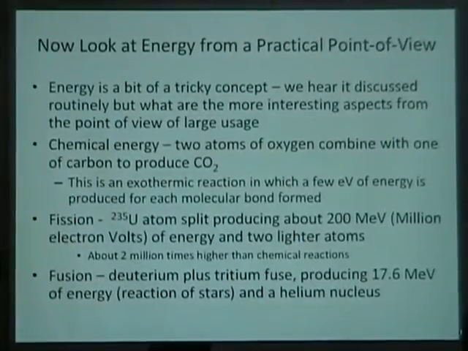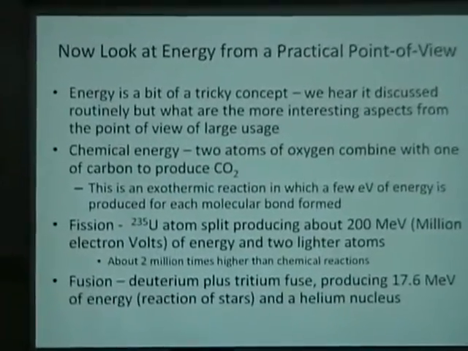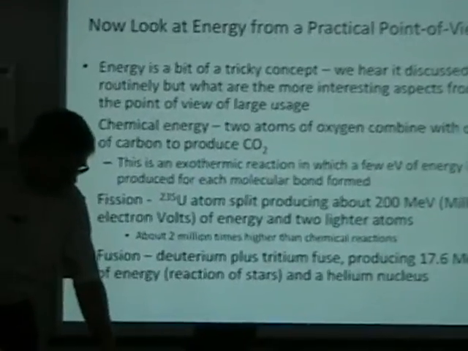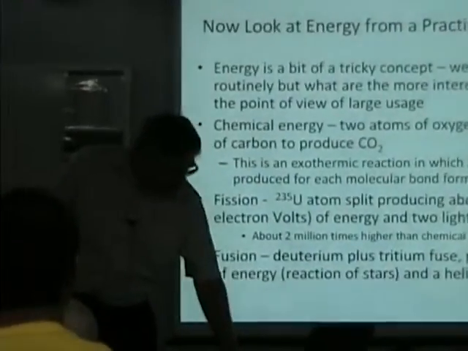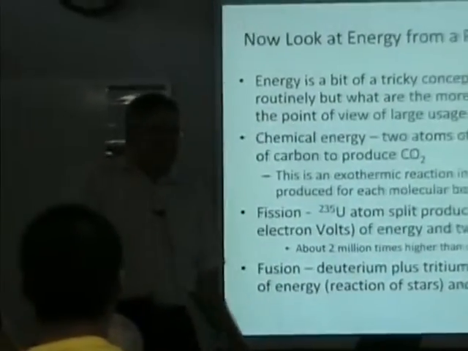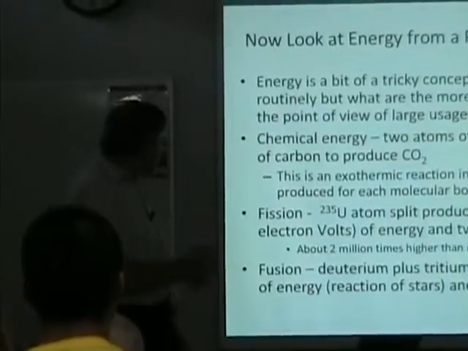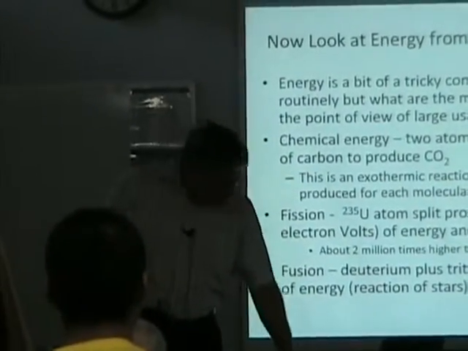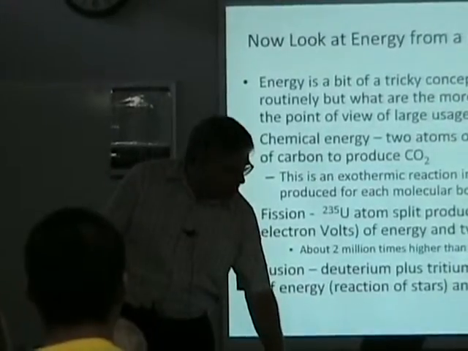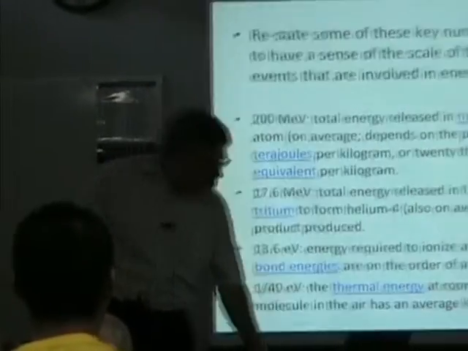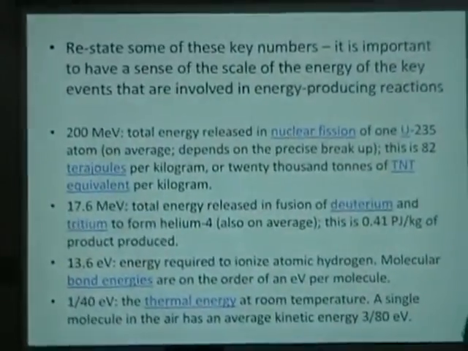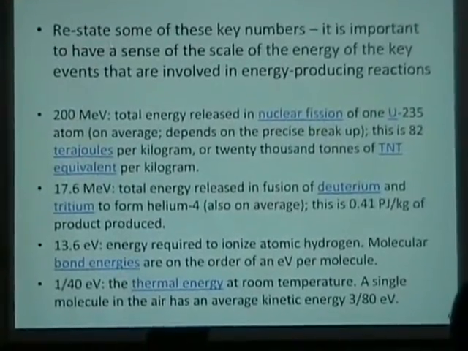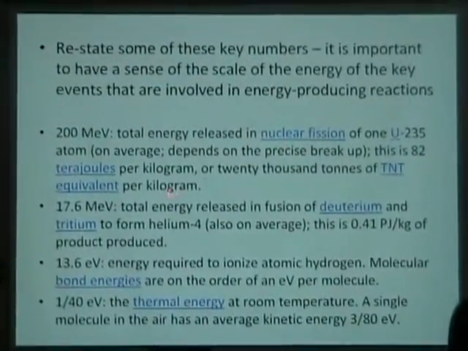So those are really the main reactions that produce energy, used either on the Earth directly in terms of chemical energy or fission energy, and then all the energy coming from solar irradiation from the sun is of course coming from fusion. I've restated these because they are a very important aspect of energy.